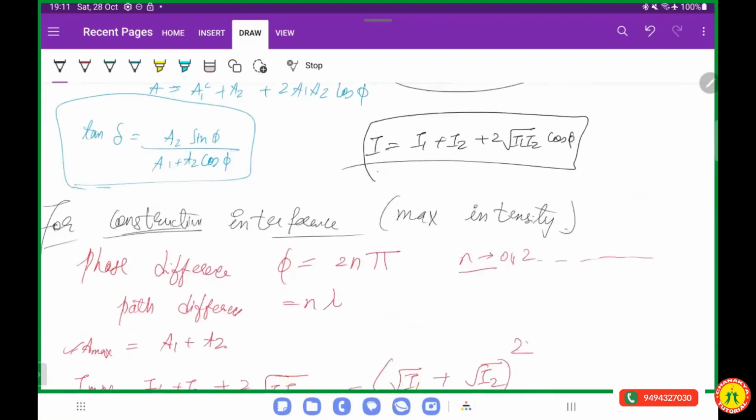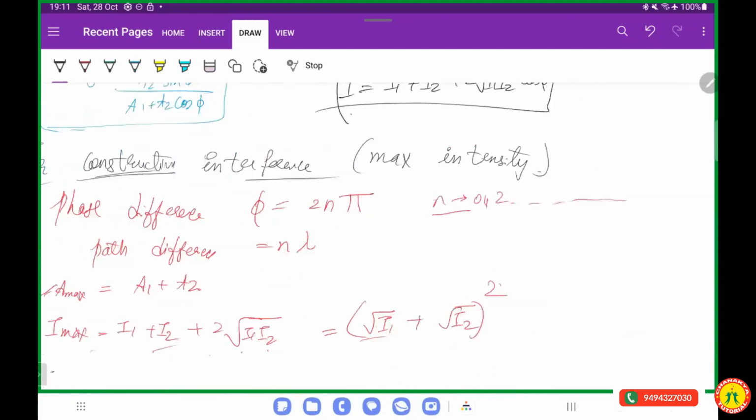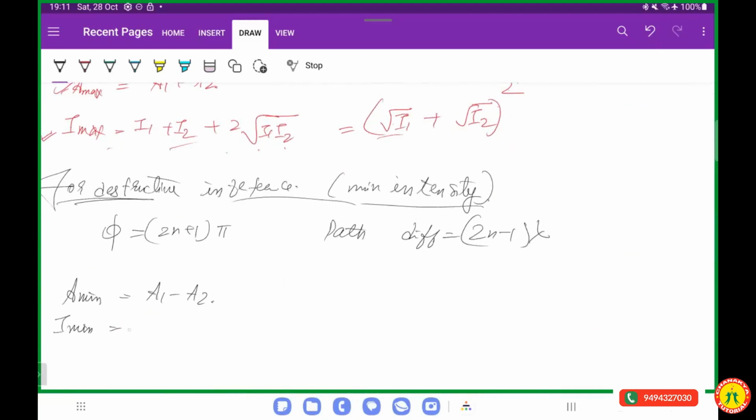From here only I'm writing everything. I1 plus I2 minus 2 root I1 I2 will give you I1 minus I2 whole square.